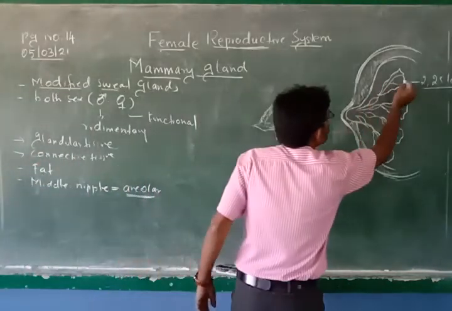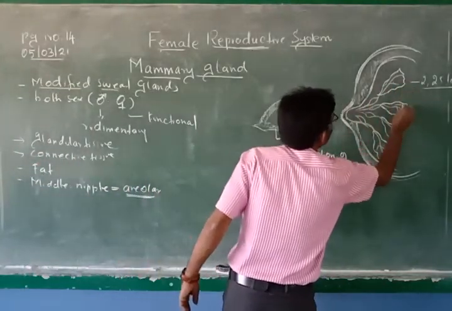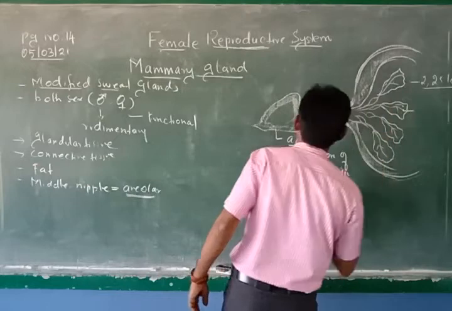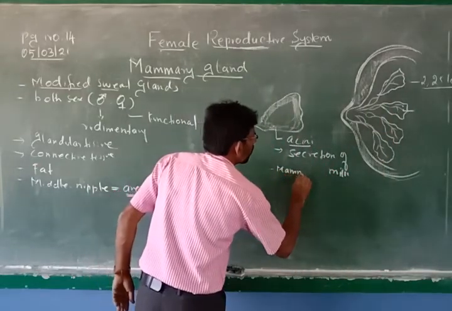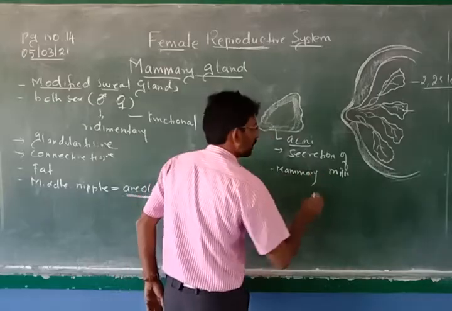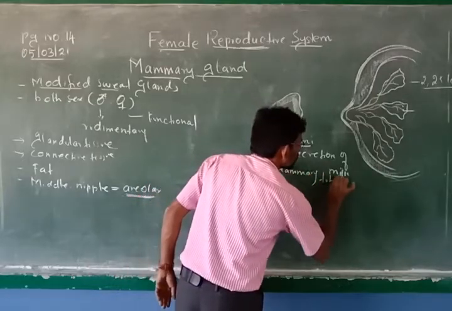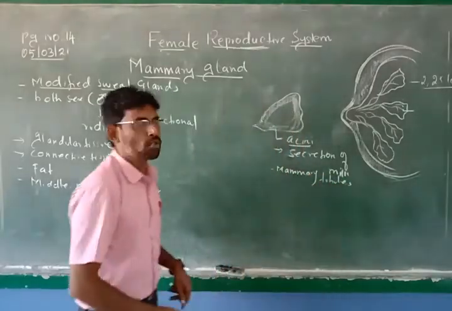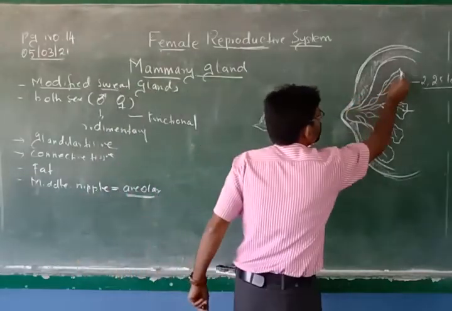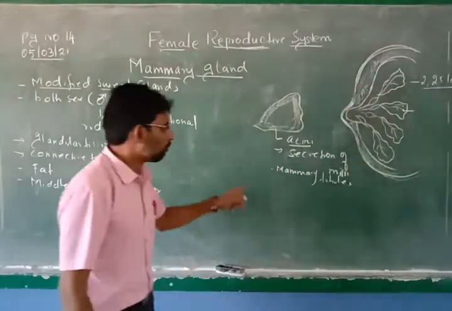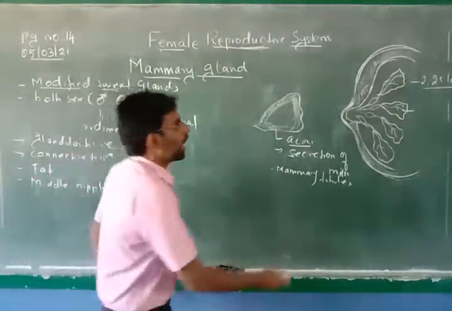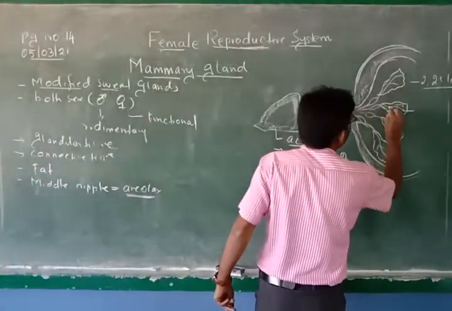This milk is carried by these tubes, called mammary tubules. Once the milk is produced by secretion, it is taken by the mammary tubes to this area.